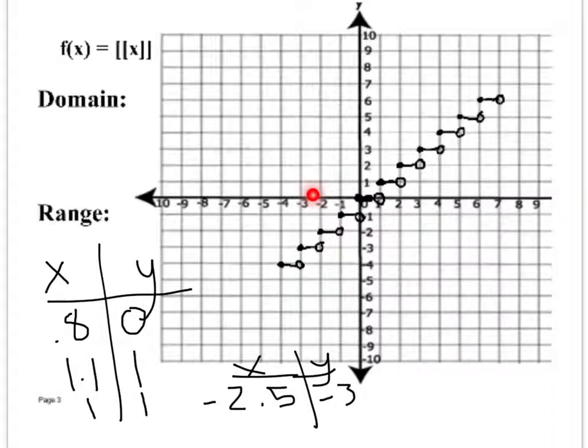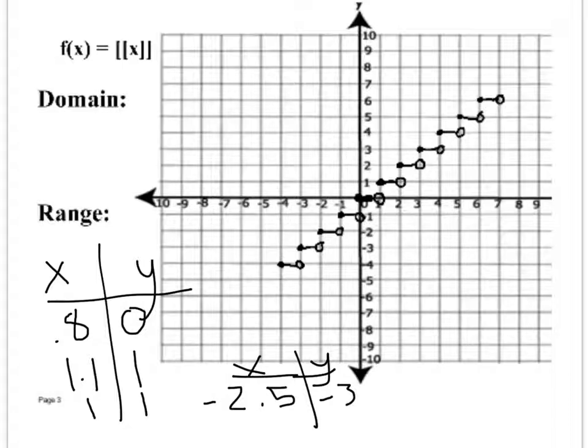It's right here. So what's my y coordinate? Negative 3, because the greatest integer of negative 2.5 is negative 3. See how negative 2 is not included? Negative 2 would give you a y of negative 2.